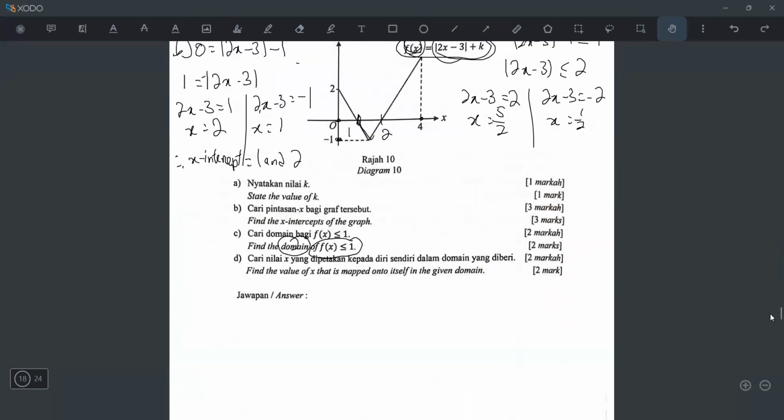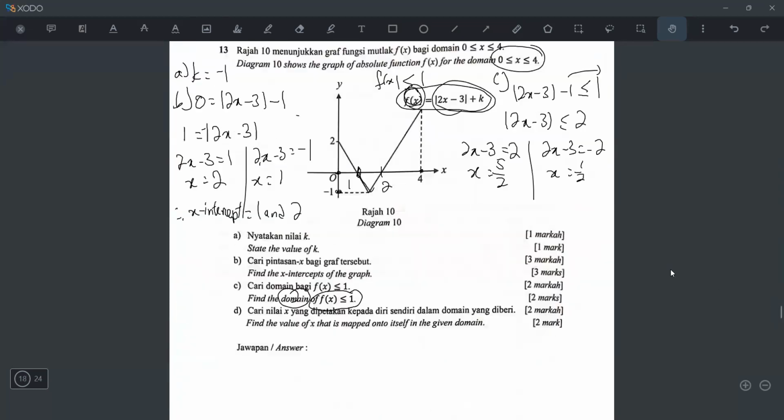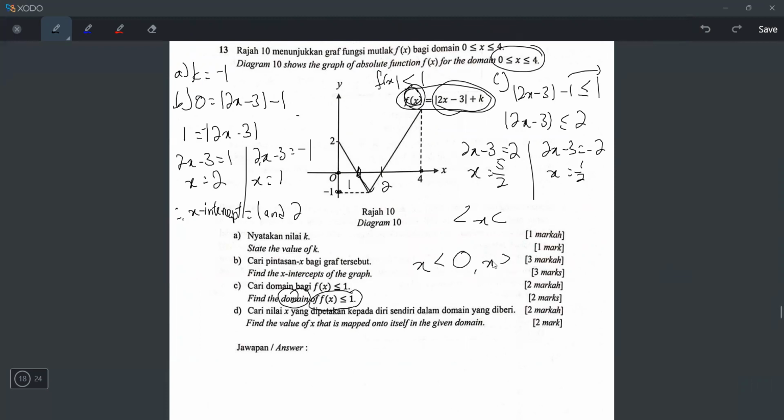You cannot just change the sign like that. What you have to do here is you have to look at the symbol. If it's smaller, then your answer will look like this. If it's bigger, then the answer will look like this. x smaller than something, x bigger than something. If it's bigger, look like this. But if it's smaller, it will look like this. x between something. But let's erase this. So in this case, the symbol is smaller. It means I have to write x in between. And the other lines happen to another line.